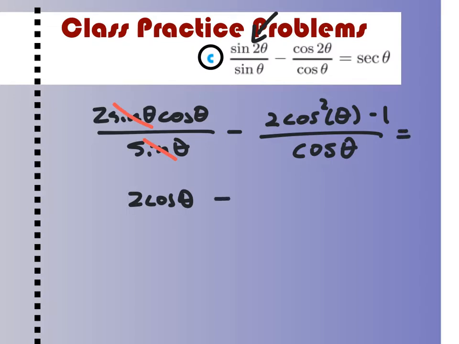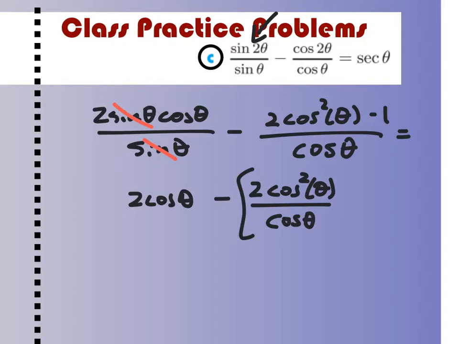Now what I'm going to do is split that up. I'm going to go 2 cosine squared theta over cosine theta. I'm allowed to do that because there's only one term in the denominator. Minus 1 over cosine theta. So I see that cosine squared will become cosine, that'll cancel there.